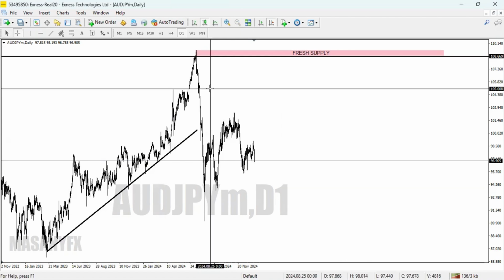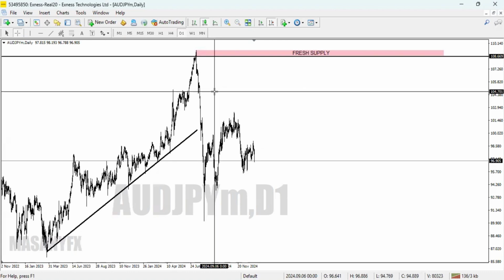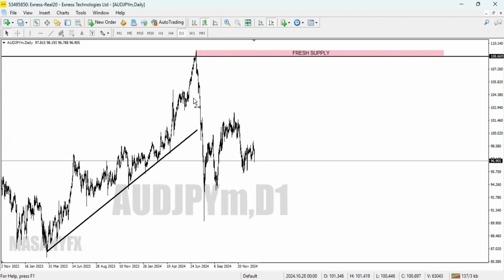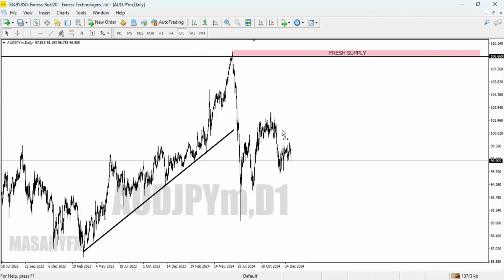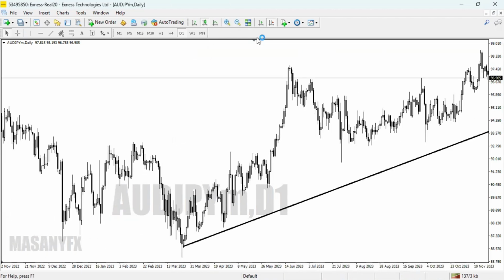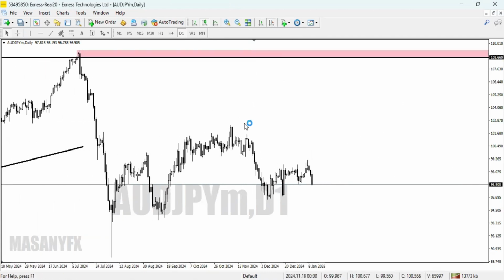Now, let me see. I don't think it will withhold the price for such a long time. This zone is a drop-base-drop, by the way, but I don't think it will withhold the price for too long. So what we need to do now is look for a buying opportunity on this pair, to this zone.